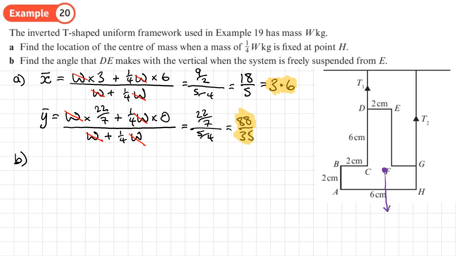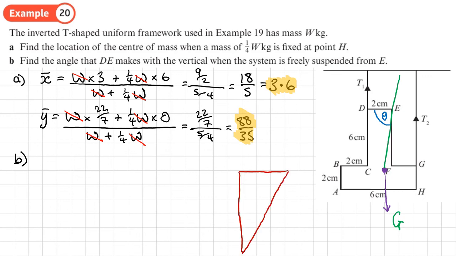So let's call that G, and we want to find the angle that DE makes with the vertical. So we need to draw a line going from the center of mass through the point E. That's going to be a line something like this, and the angle that I need to work out is going to be this one here, because the green line is now the vertical.